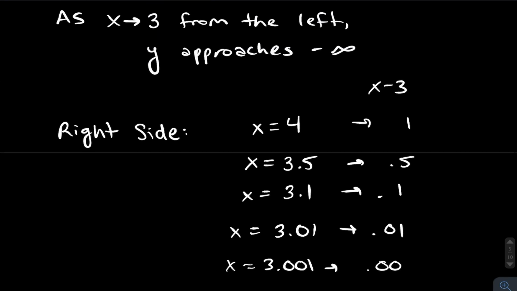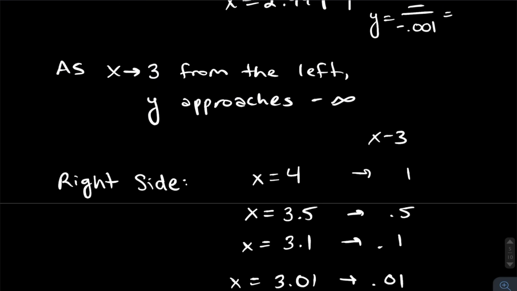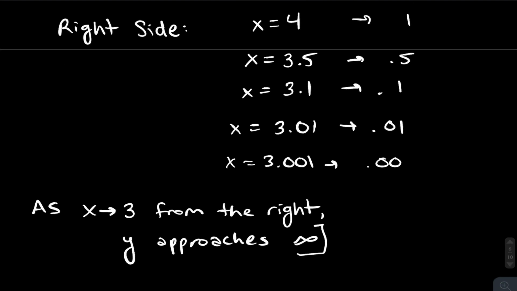Since this left side does not agree with this right side, they do different things, then we say the limit does not exist.